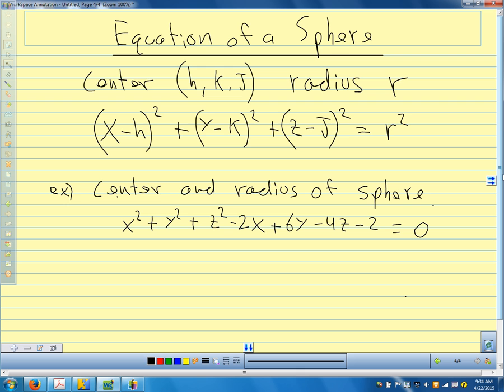So what are we going to have to do here? Complete the square. How many times? 3 times. One's for the x, one's for the y, and one's for the z.